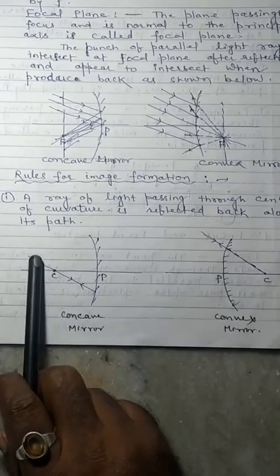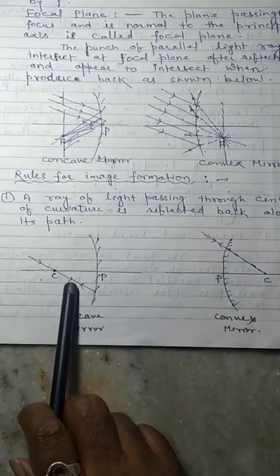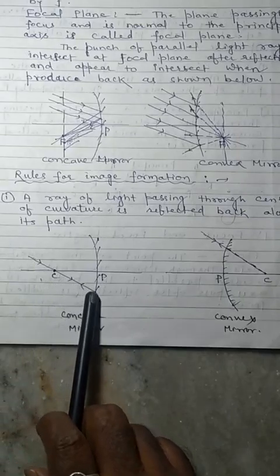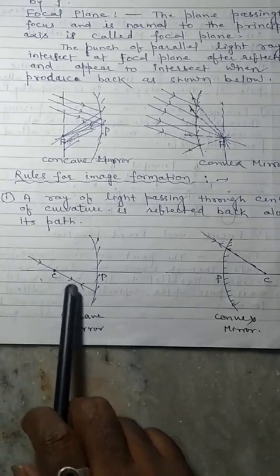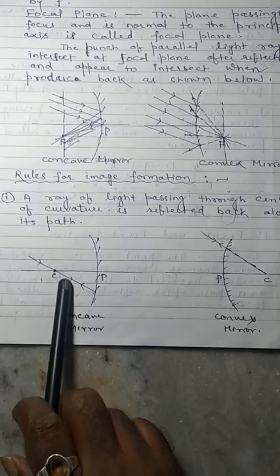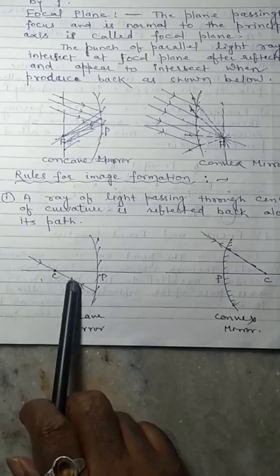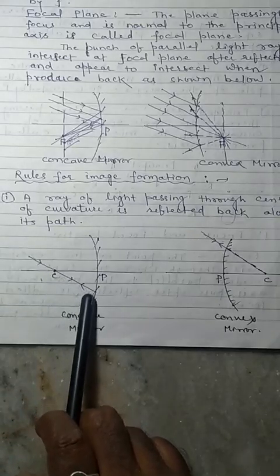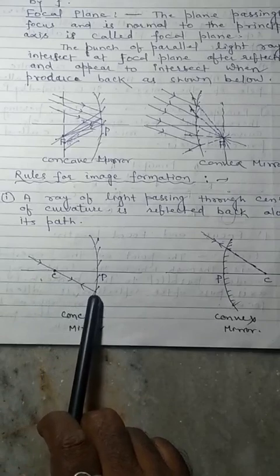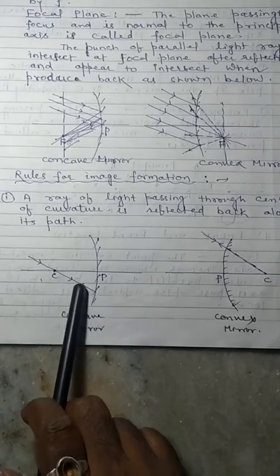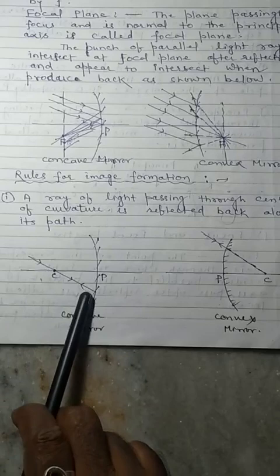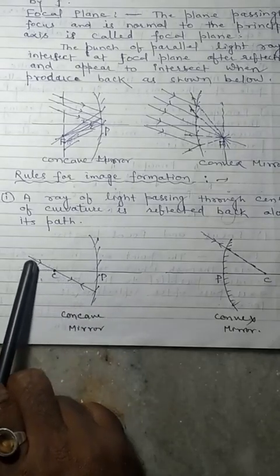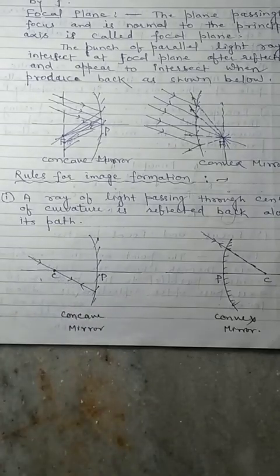A ray of light passing through center of curvature, after reflection, is reflected back along the same path.